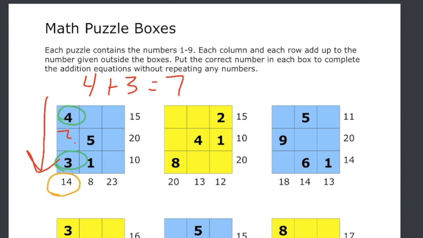So I know that 4 plus 3 is equal to 7. I have that part, but I still have that missing box. Now I know 7, but I also know something else. I know that it's equal to 14.